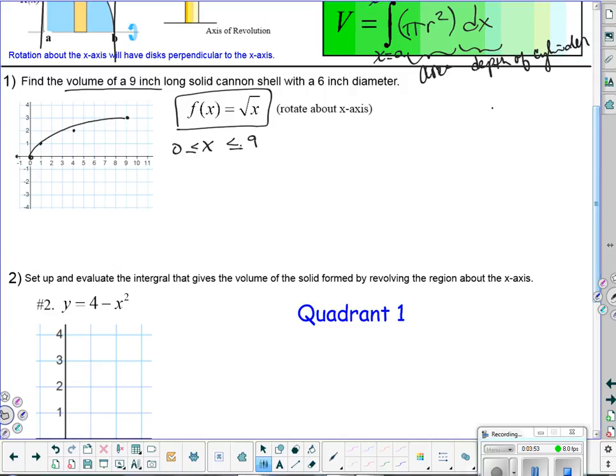All right, now we're going to take this segment and reflect it over the x-axis, because what we're going to do is revolve this about the x-axis. And typically you just show a little circular motion for revolution. If I rotate this point at 9, 3, it's going to rotate down below and become 9, negative 3. 4, 2 would become 4, negative 2. 1, 1 becomes 1, negative 1.